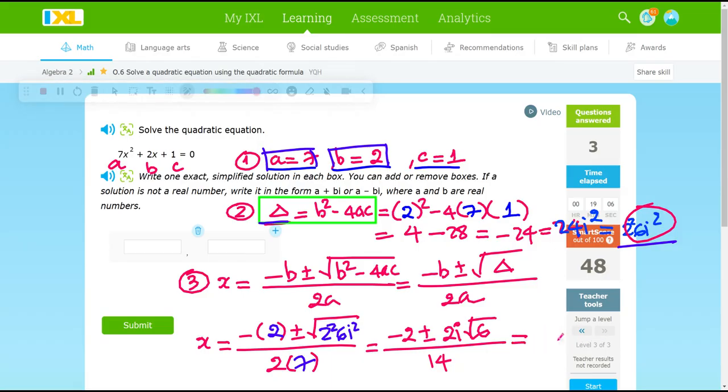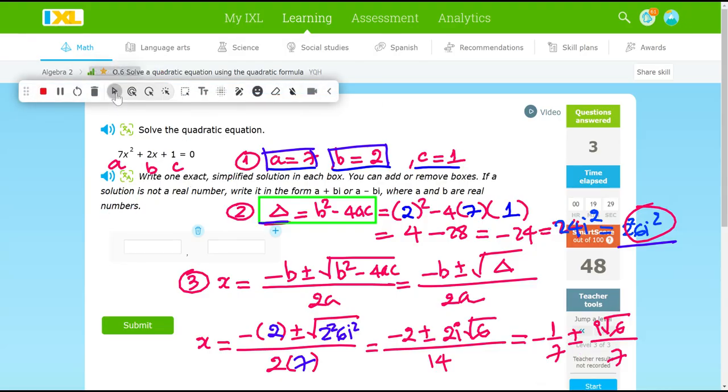Okay? Right here. Negative 2 over 14, that's negative 1 over 7. Plus minus 2 over 14, that is 7. So I put 7 on the bottom. So on top, I still have i and square root of 6. Okay? So two answers, one with the plus.